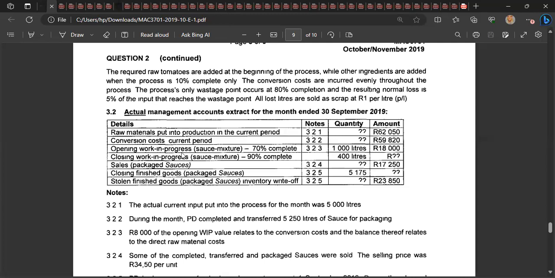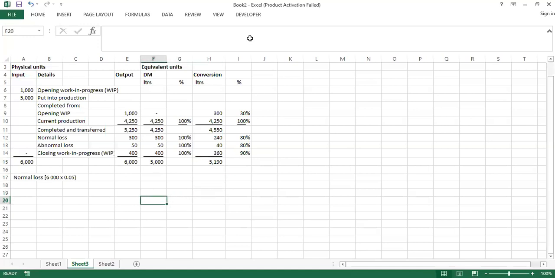Bearing in mind that we are using first in, first out, let's break it down this way. We will have on our statement direct material on this side, and then conversion on this side.